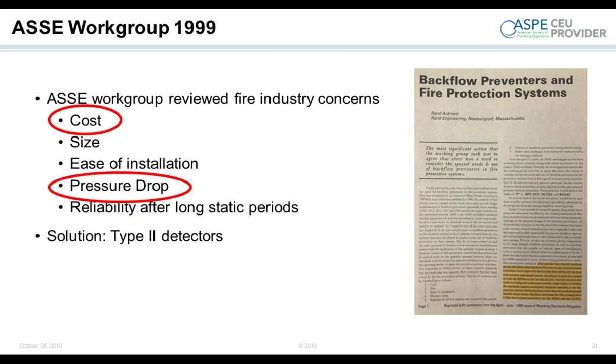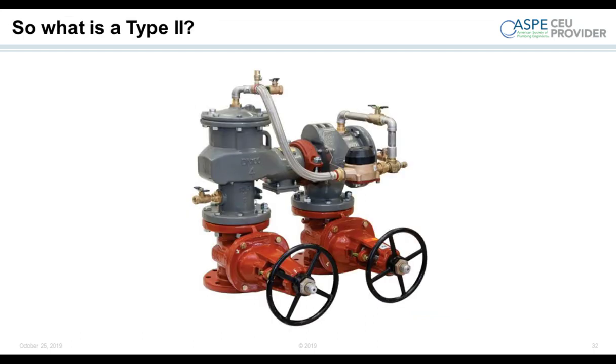People weren't used to them. They see them in the field and they don't know what they're looking at, which is why I'm so glad you guys are here today, because we're going to learn what these are, why they're different, and whether they're approved. They are, and hopefully we can start popularizing these things because they were created in direct response to concerns from the fire protection industry. So let's see how.